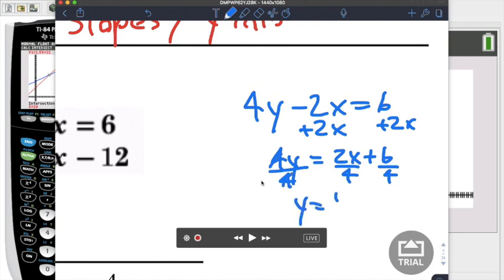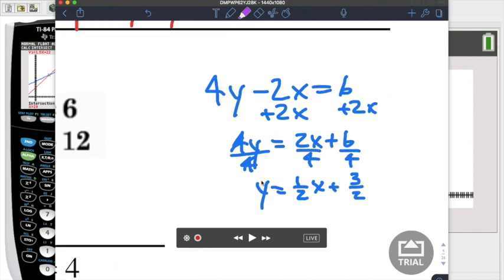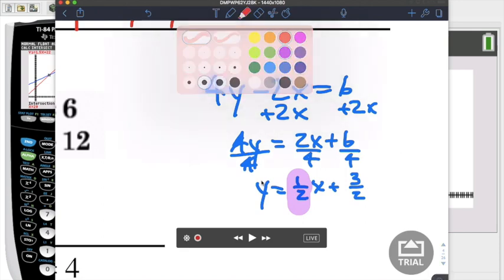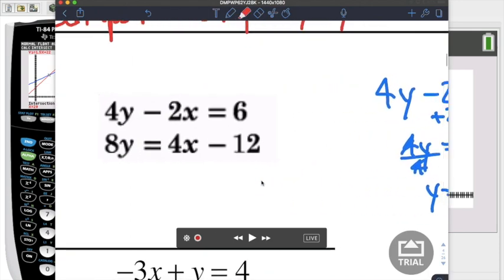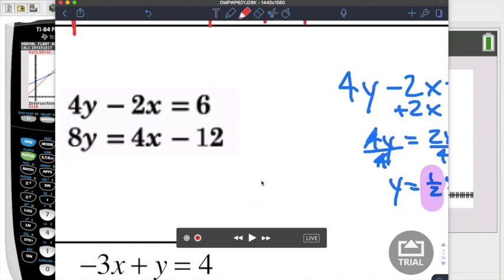And the first one reduces a little bit. That's 1/2 x. And the second one actually reduces to 3/2. Initially, it might kind of look a little weird, and we might think, oh, that's going to make the problem hard. But really, we're paying attention to the slope right now. That's your slope, and then we're going to go and see if the other slope is like that. So I'll do that here in a different color.